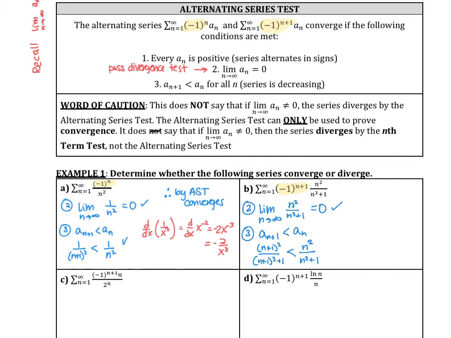Even though my numerator is growing as well, my denominator is still growing bigger, and so therefore this will in fact be decreasing. So therefore, since all three conditions have been met, this converges by the alternating series test. And so I'm going to leave it to you to prove the next two, C and D. They are both converging by the alternating series test, but you can go ahead and prove those.